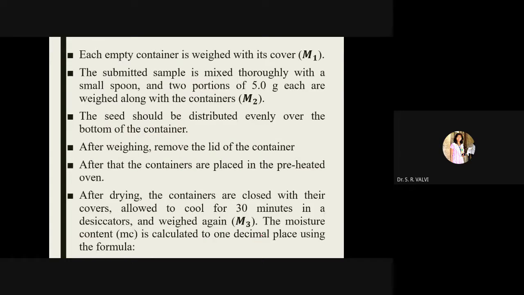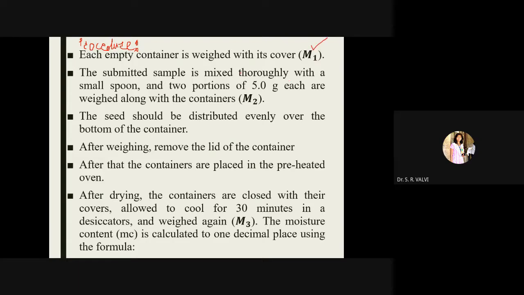Now this is the actual procedure for moisture content, right? Here the empty container is weighed with its cover, and you have to mention it as M1.